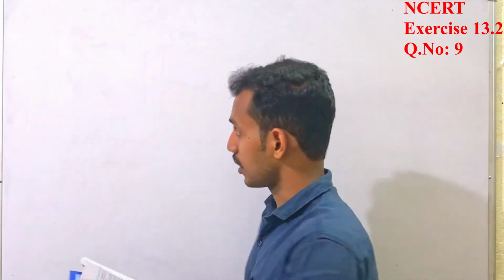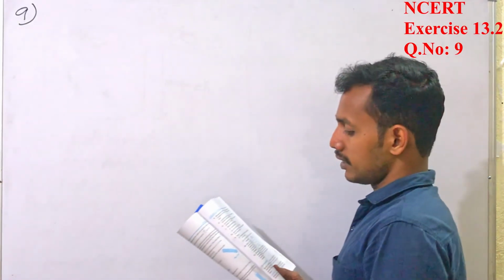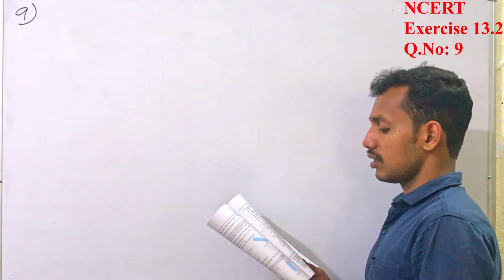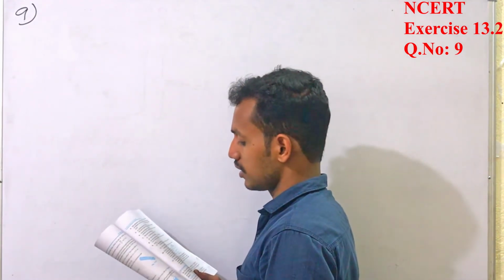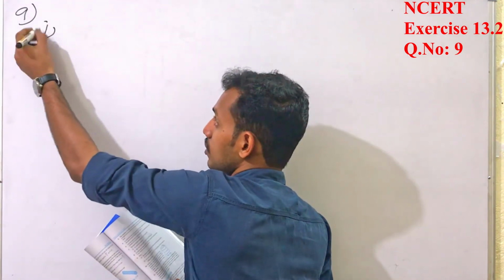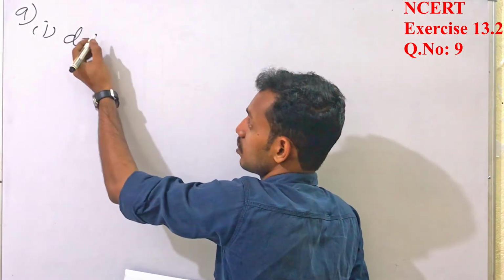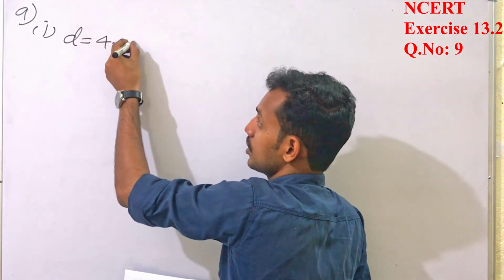Next, I am taking question number 9. Find the lateral or curved surface area of a closed cylindrical petrol tank that is 4.2 meter in diameter. So diameter is equal to 4.2 meter.